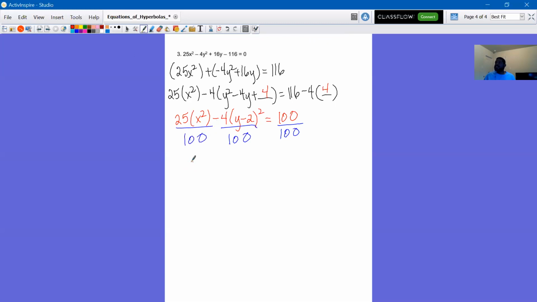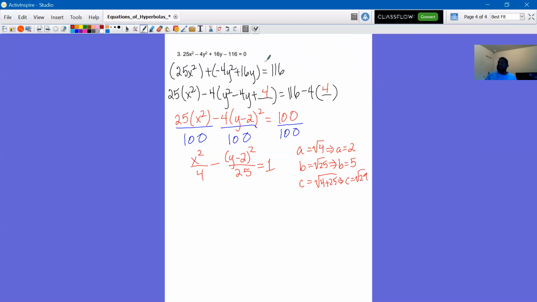That gives us x squared over 4 minus y minus 2 squared over 25 equals 1. And so our a is square root of 4, so that's 2. Our b is square root of 25, which is 5. And our c is square root of 4 plus 25, which is c equals square root of 29.